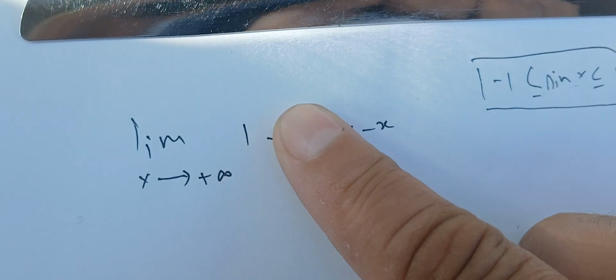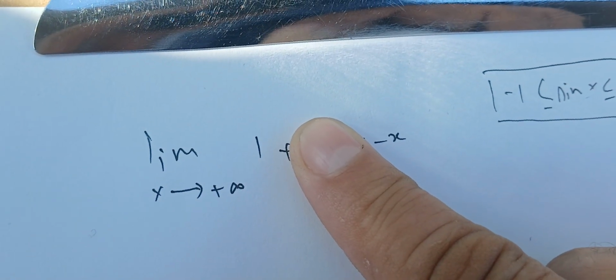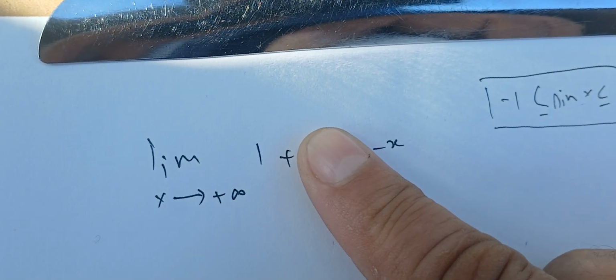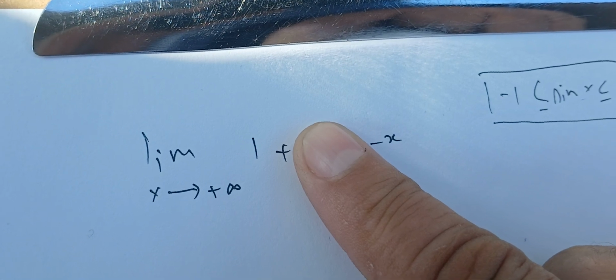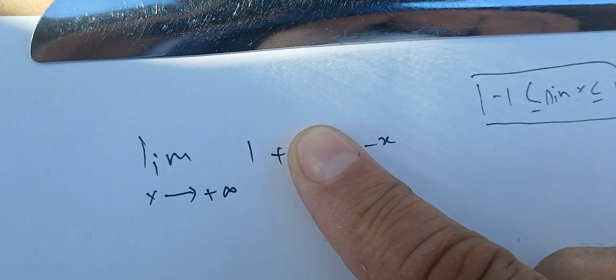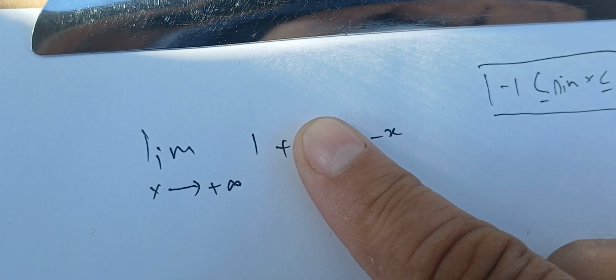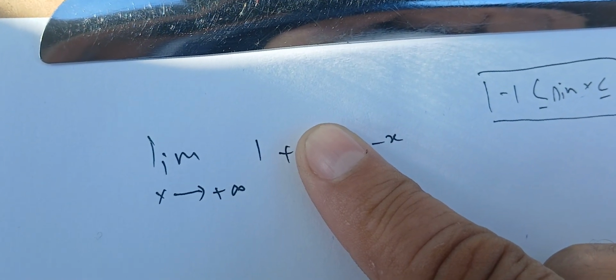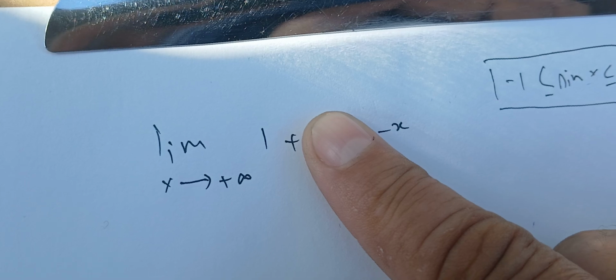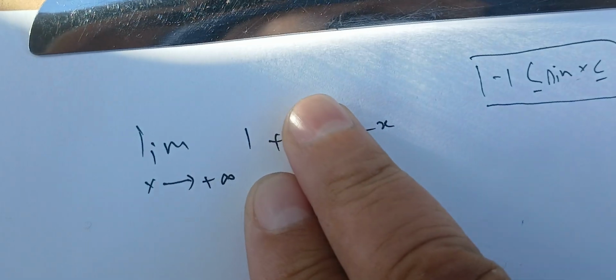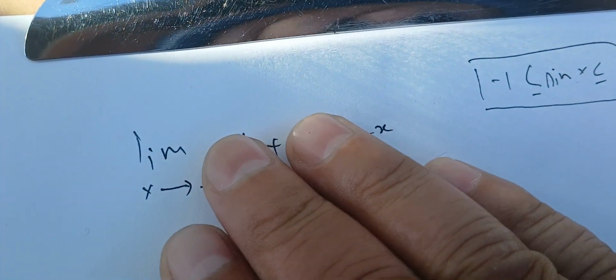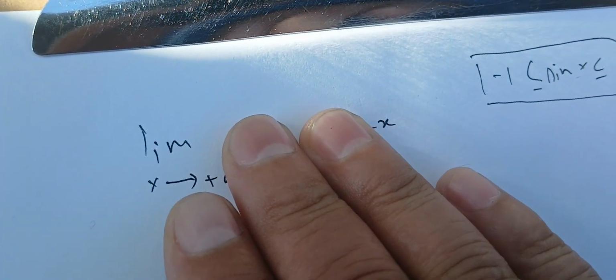Therefore we can think of sine of x as a negligible value, and we see that the limit of 1 minus x as x goes to plus infinity is minus infinity. We can even ignore the 1 because 1 is nothing. So basically we can ignore these two and think of this as the limit of minus x.